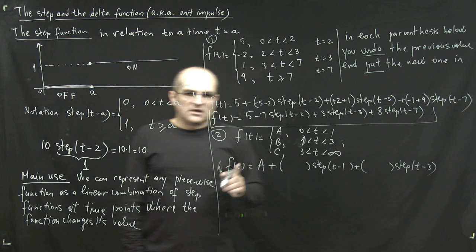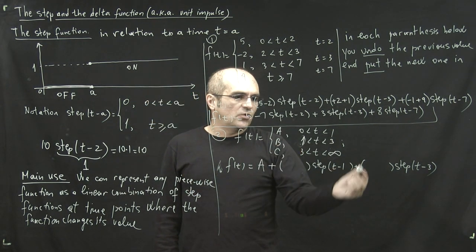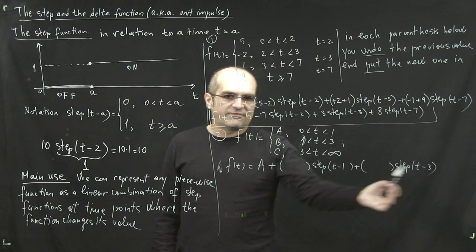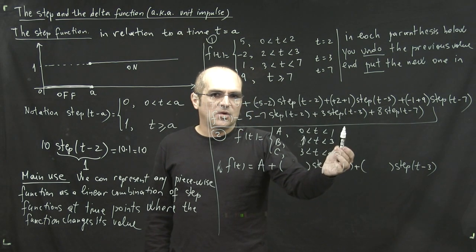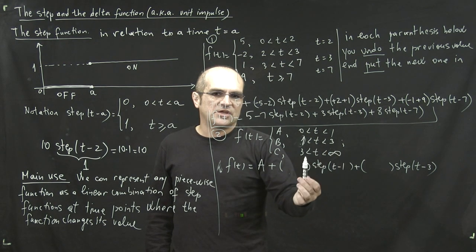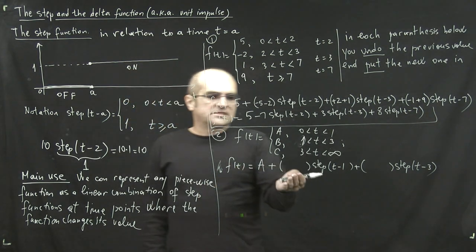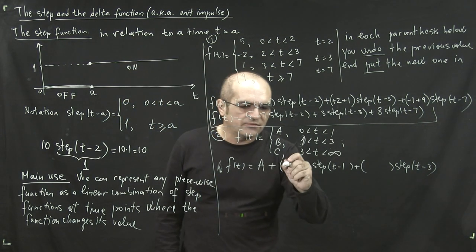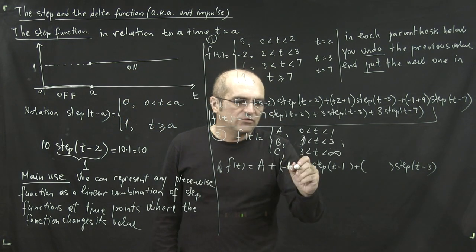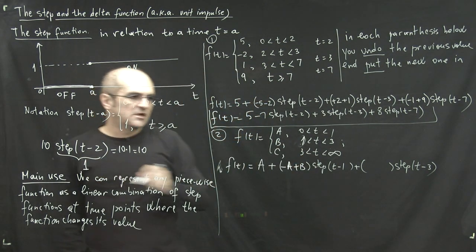One thing people sometimes make a mistake on is putting step(t minus 0), for example, or something like that. You want the time values for the step functions to be the values of the time where the function changes. So there is a change at time equals 1, there is a change at time equals 3. What are the coefficients? Each coefficient will undo the previous value and put the new value in. So minus a plus b will be the first coefficient.